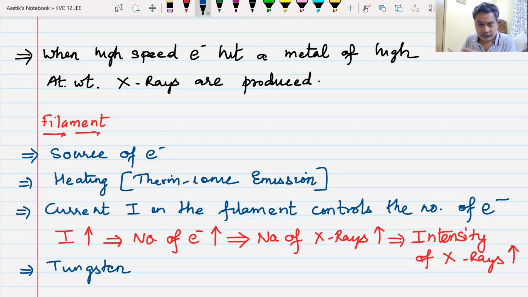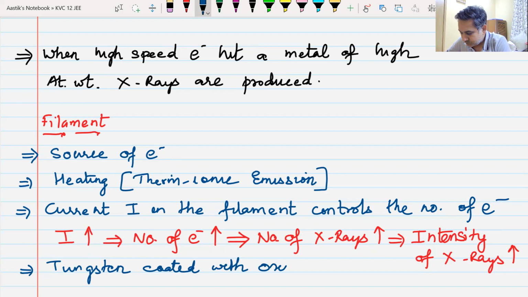This is just for your academic purpose. If a question on X-rays comes in your 11th and 12th board, it is coated with oxides of barium or strontium.